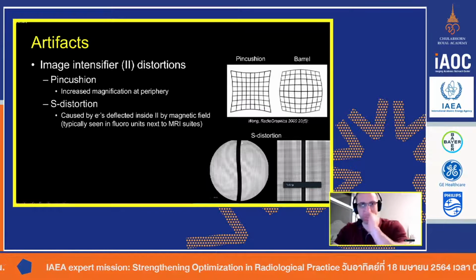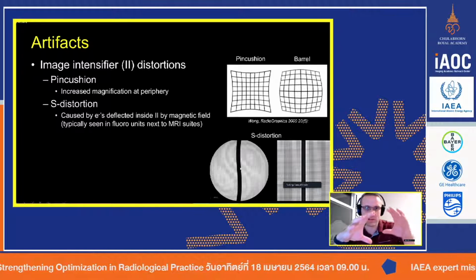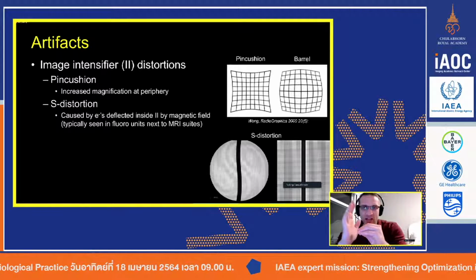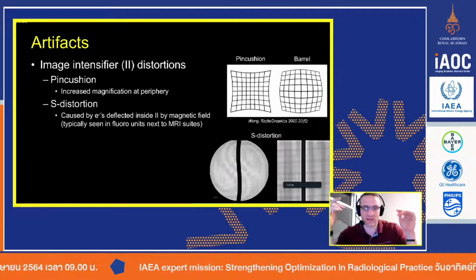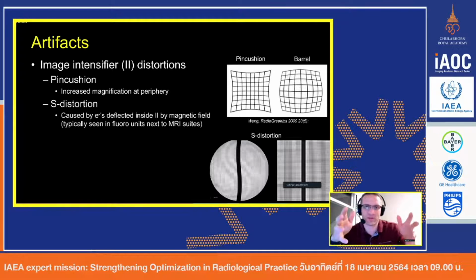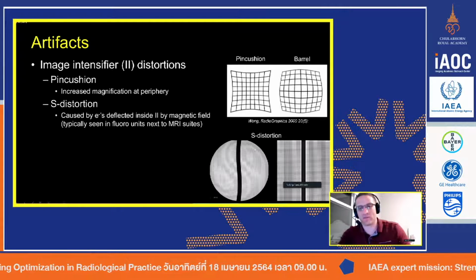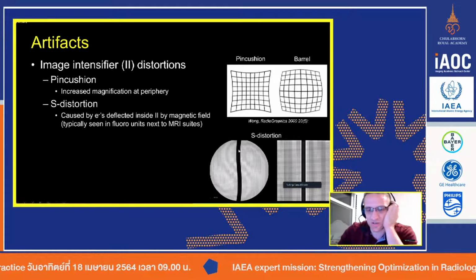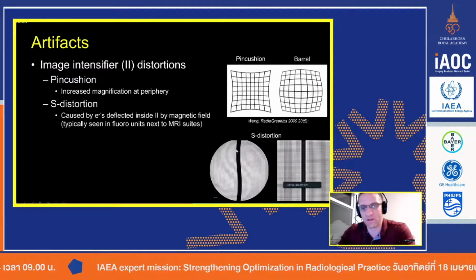And because you're quite literally creating electrons that are accelerated down to the anode, if there's any kind of magnetic field, obviously electrons are negatively charged, they will be affected by magnets. So if for whatever reason you built a fluoro suite next to an MR suite, and it's an II, you would probably see this S curve, this distortion. This distortion is from the electrons being deflected because of a magnetic field.